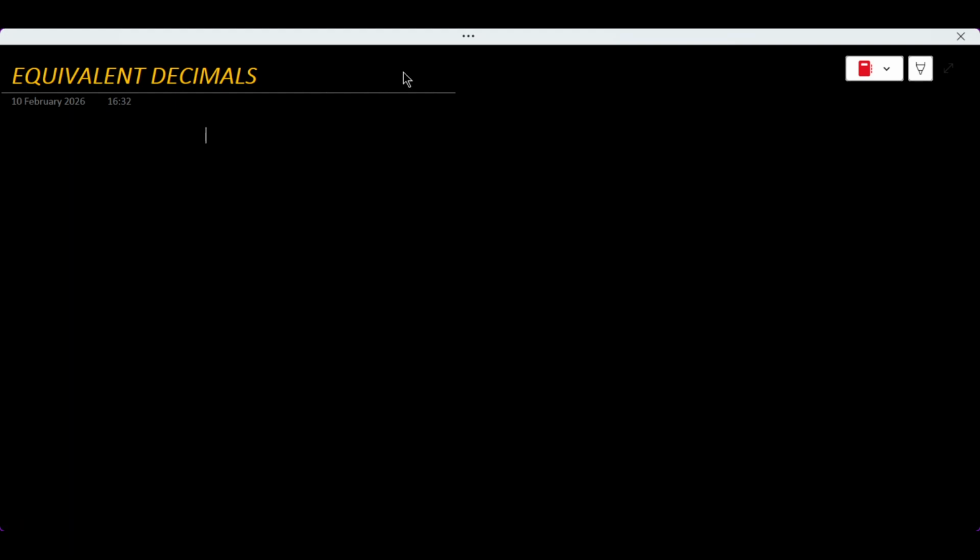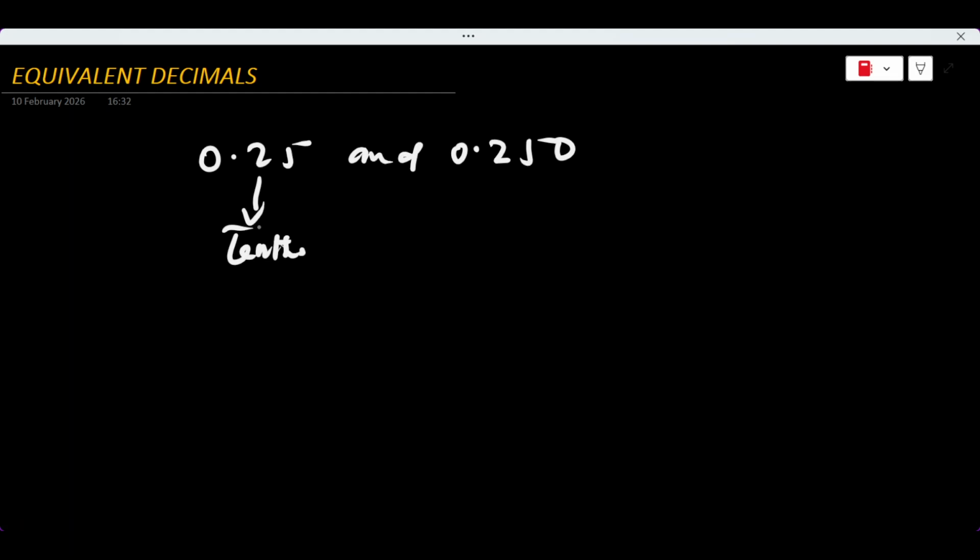We have 0.25 and 0.250. So the first thing to do is to look at the place values of the various digits. So we have the 2 to be at what? The tenths place. We have the 5 to be at the hundredths place. We have the 2 here at the tenths place, the 5 here at the hundredths place.